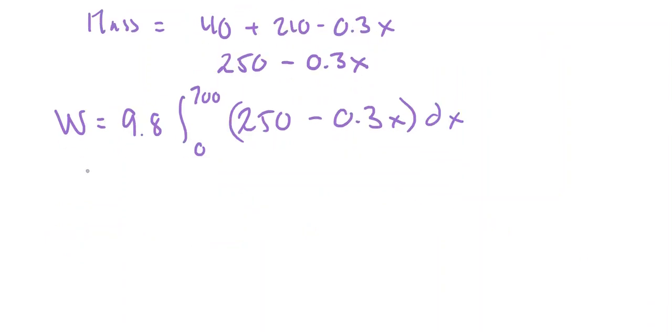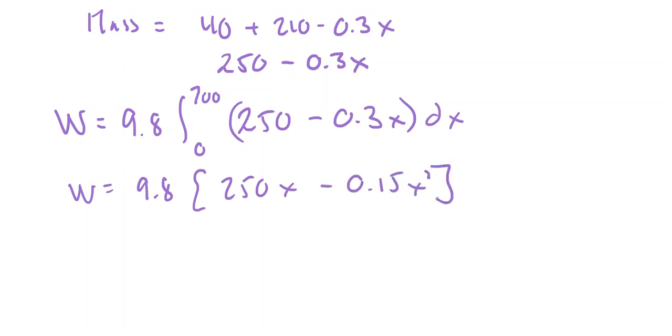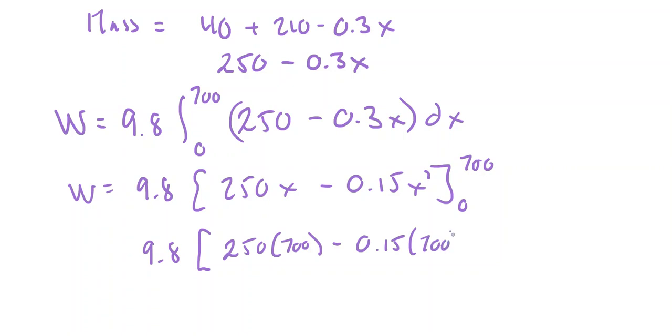So work then will be equal to 9.8 times 250x minus 0.15x squared, evaluated from 0 to 700. And if I did my arithmetic correctly, we put the 700 in here, minus 0.15 times 700 squared, and then putting 0 in, we just get a big fat 0.